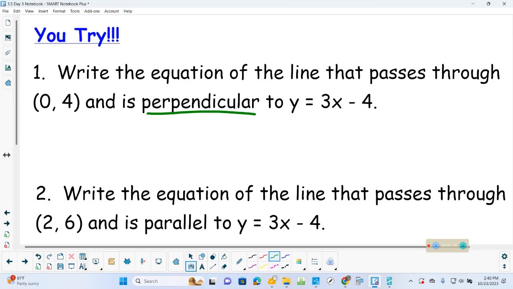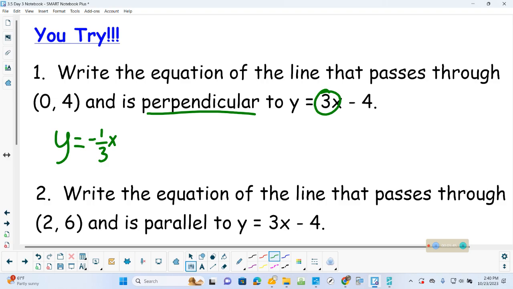You should be able to do this problem, get ready, in 5 seconds. That's how fast you write, because you don't need any work. What are you using for the slope? What's perpendicular to a slope of 3? Well, negative 1/3.